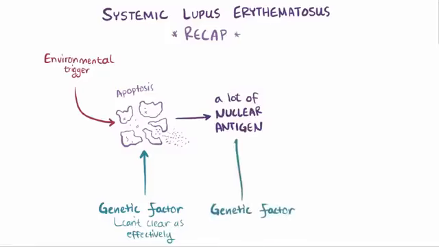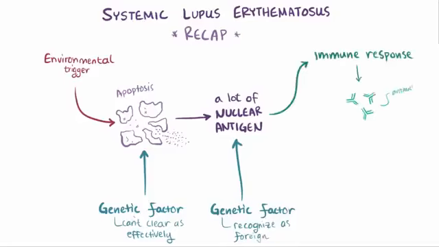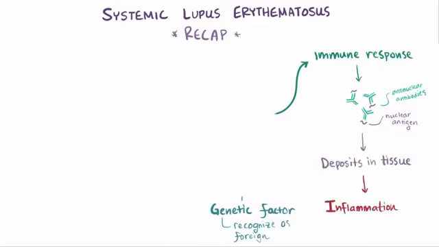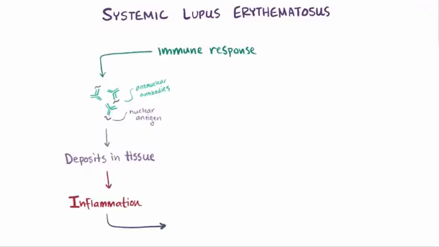In combination, they probably also have genes that cause their immune cells to recognize these nuclear antigens as foreign, which initiates an immune response, creates anti-nuclear antibodies that bind to the antigens and then float around and deposit in various tissues, which causes inflammation. These deposits and inflammation seem to be the cause of most of the symptoms of lupus, which remember is a type 3 hypersensitivity reaction.